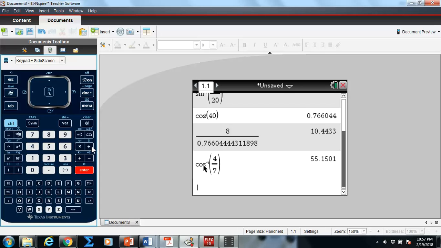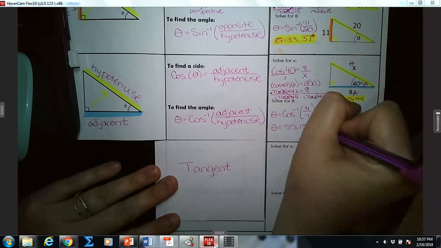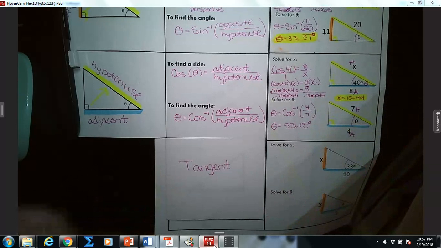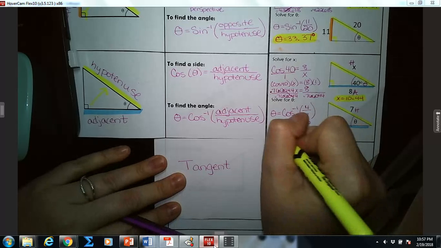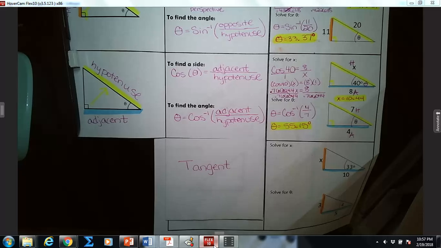I'm getting a value of 55.15 if I round it to the hundredths position. And that is a degree measurement because we're talking about the angle here. Final answer, 55.15 degrees.